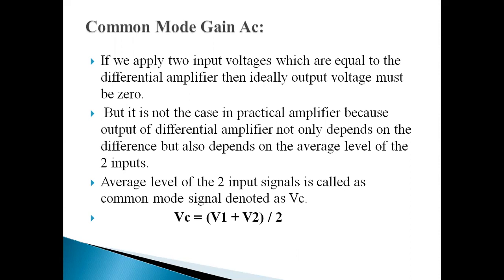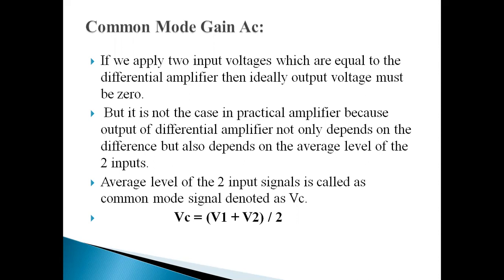So in the ideal case, if you are applying same input signals to the differential amplifier, then ideally the output voltage of the differential amplifier is 0. But in practical, the output voltage of the differential amplifier is not 0.